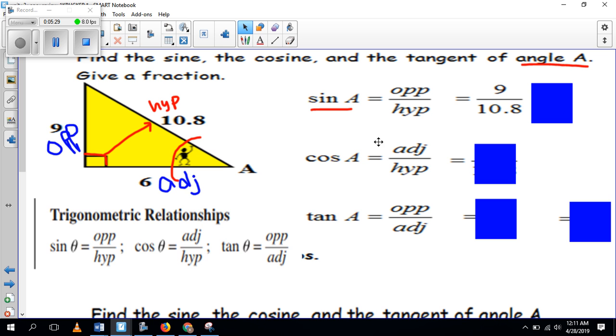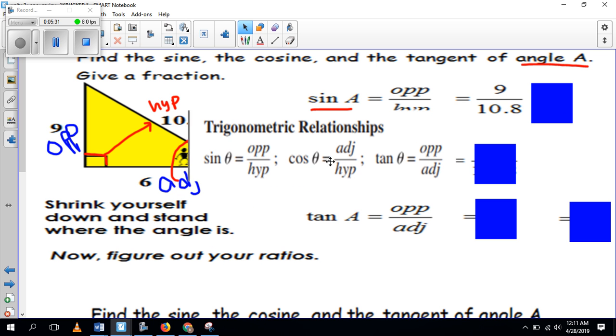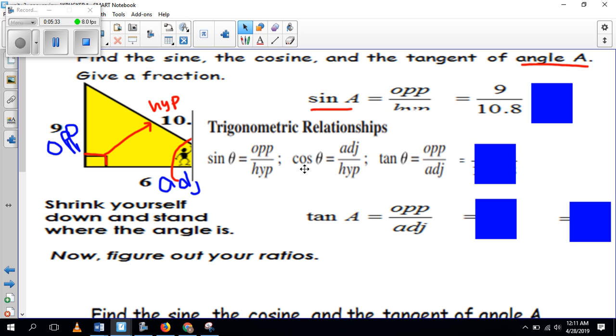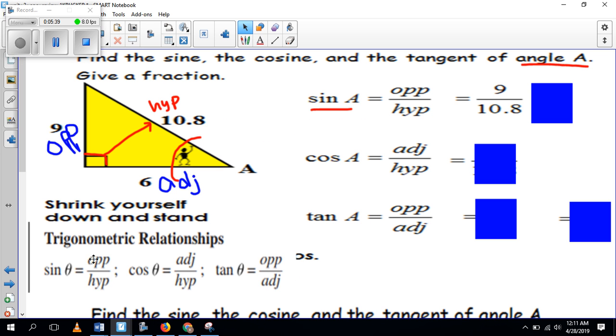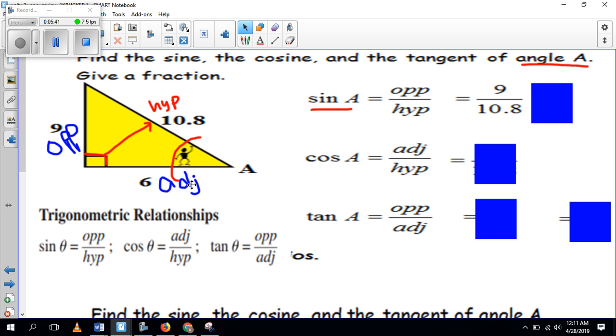Now cosine. Using our formula sheet, cosine is adjacent over hypotenuse. Adjacent is 6 and hypotenuse is 10.8, so 6 over 10.8. We always want to put these in our calculators: put 6 n over d 10.8 to see if it simplifies, because sometimes they will.